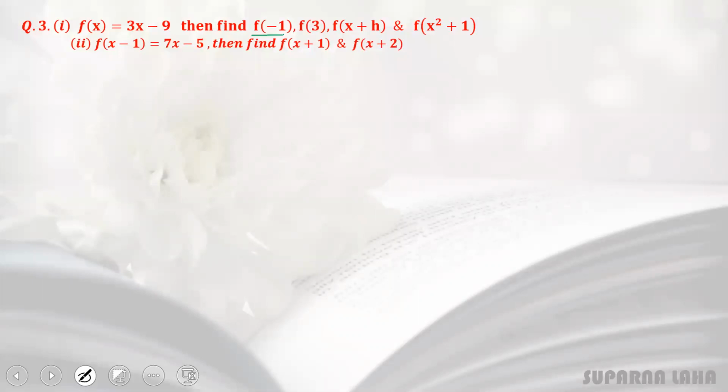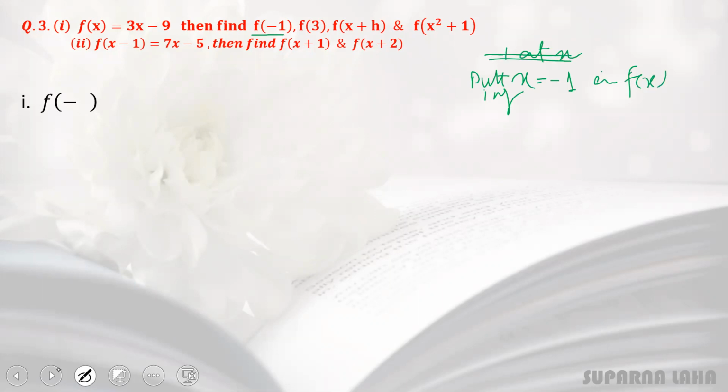That means you need to put minus 1 at the place of x, that is for x equals to minus 1, putting x equals to minus 1 in f of x, right?